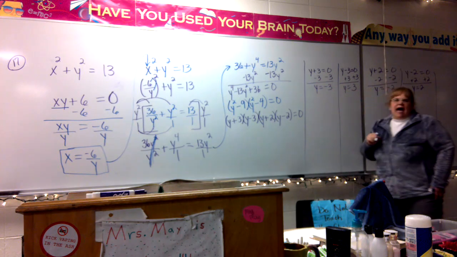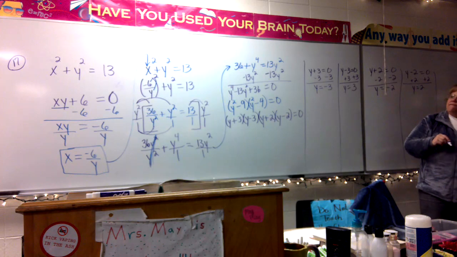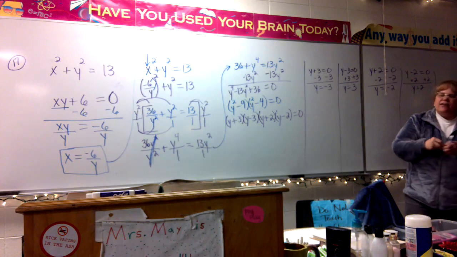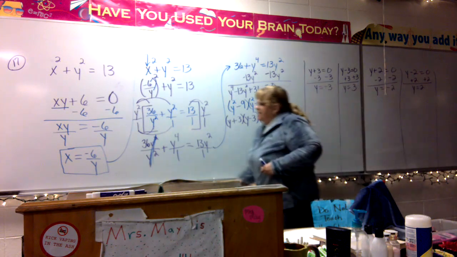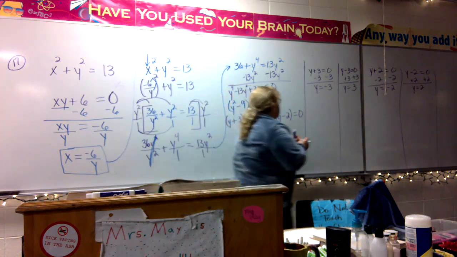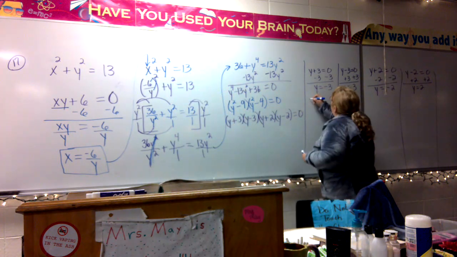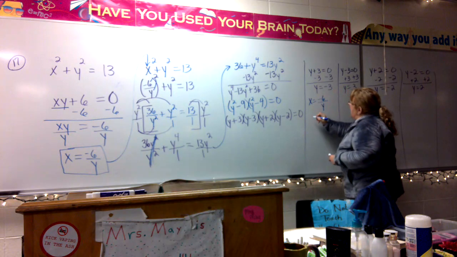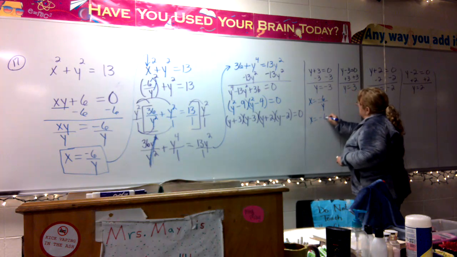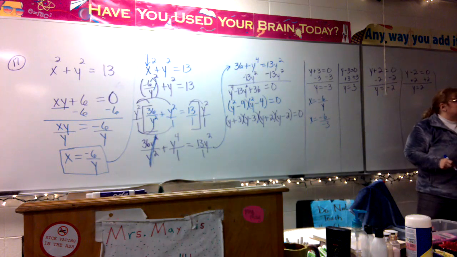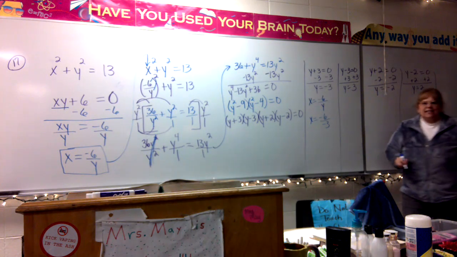No. Why not? You've got to find the x's that go with it. But the good thing is, it's pretty easy. X equals negative 6 over y. So negative 6 over negative 3. What is negative 6 over negative 3?